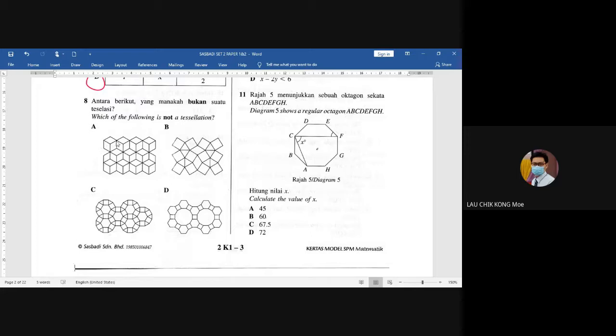Kalau kita tengok A ini bentuk dia, ini betul tessellation, C and D. So not tessellation is B ya. Kalau kita tengok apa yang dia tak sama, dia ini tak ada kan? Tiba-tiba ada satu. Mana yang lain? Tak ada pun. Kan? Dia mesti semua kena ada. Baru seragam.